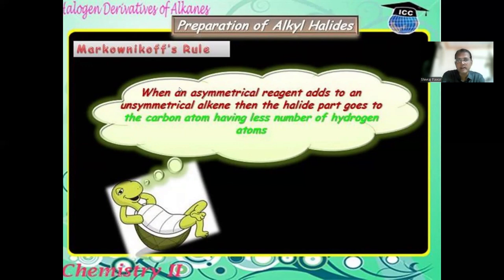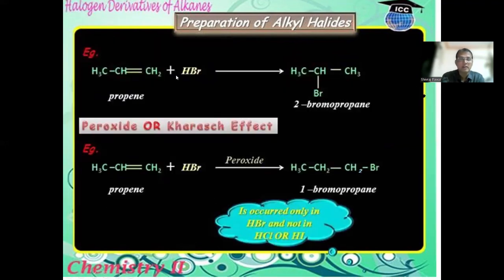When an unsymmetrical alkene reacts with an unsymmetrical reagent, then the negative part goes to that carbon atom of the double bond having less number of hydrogen atoms. Now we are going to see this reaction. This is an unsymmetrical alkene. This is the double bond. Here two carbon atoms are there and on the right side only one carbon atom.